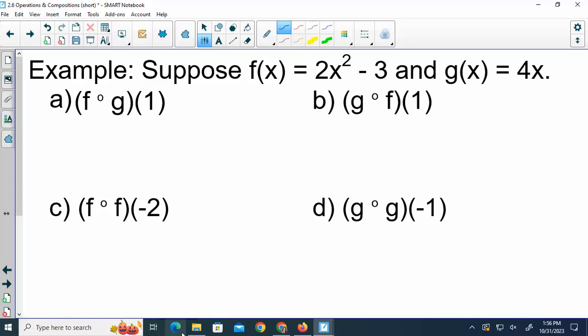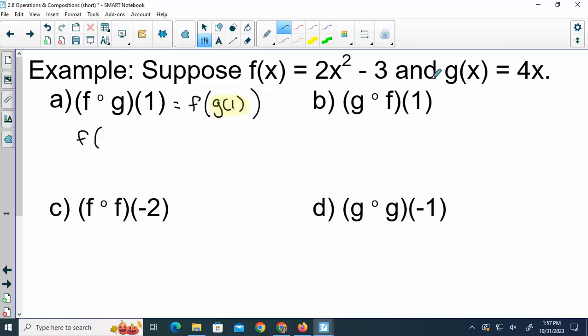If I gave you two functions, and I asked for f composed with g of 1, another way that might be written is f of g of 1. You always work inside out. So the first thing I'm going to do is g of 1.